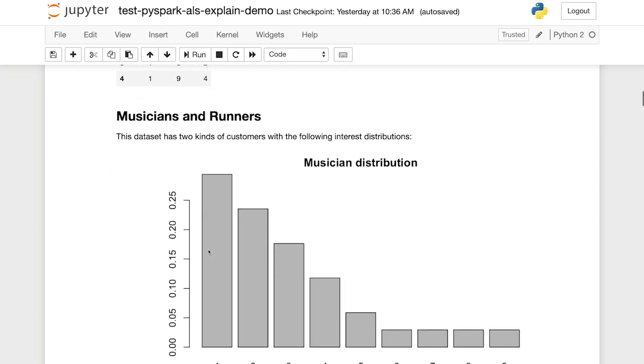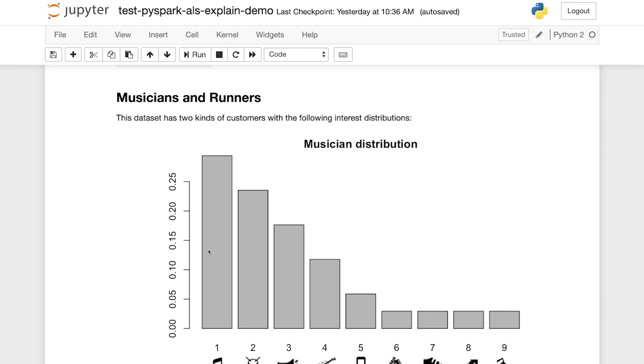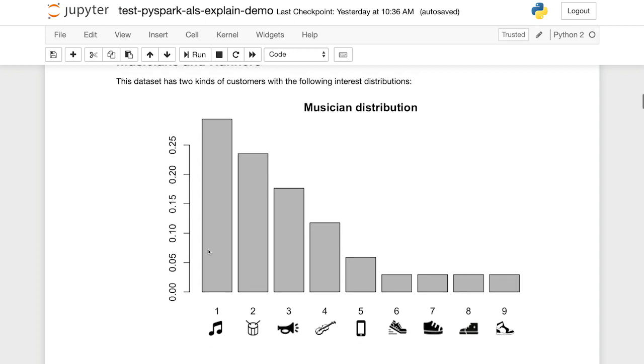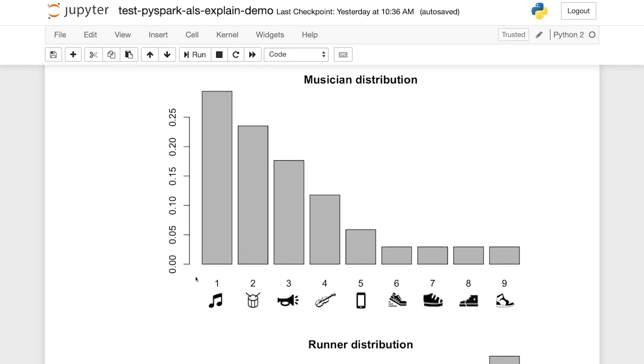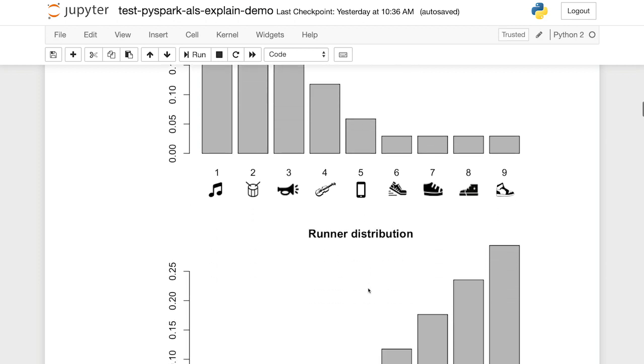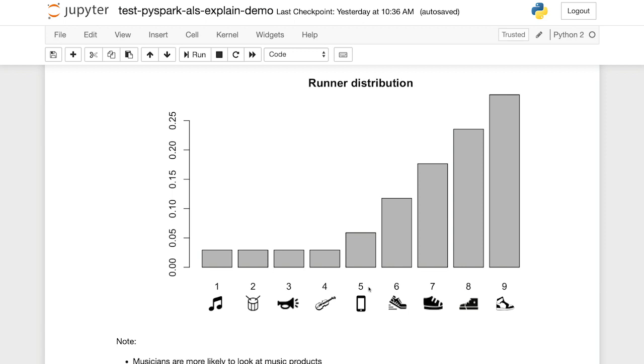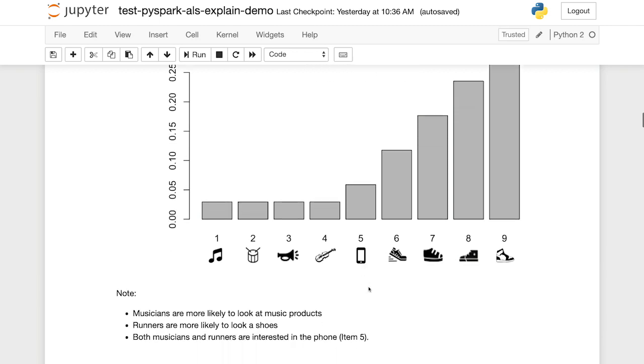I've generated two distributions, one for musicians and one for runners. Go figure. This is the probability distribution of the clicks of the musician, and you see that it's highly slanted towards the musical instruments. We'll notice that the musical instruments are the small numbers, and the runners are the larger numbers. In the middle, I have this phone, and we'll see that they're both kind of interested in the phone. The runners, on the other hand, are interested in the shoes, and somewhat interested in the phone as well.